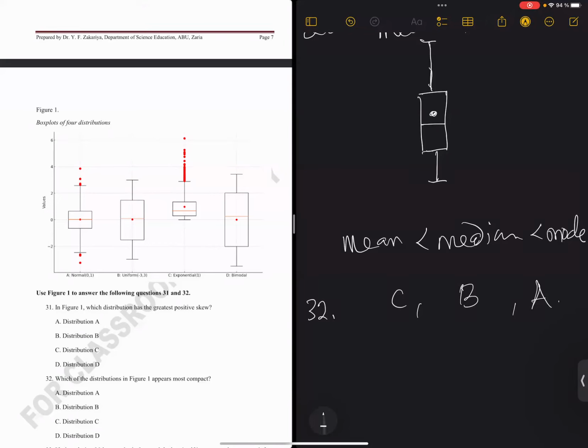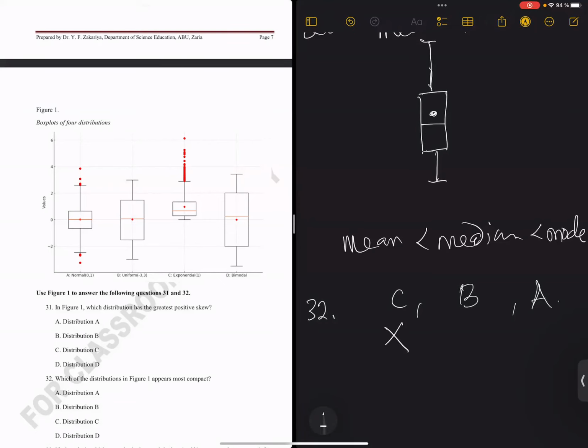No single one is at the bottom; a lot of them are at the top. So it is not compact. We want quite a number of the distribution to be in the box. So we are knocking out C.